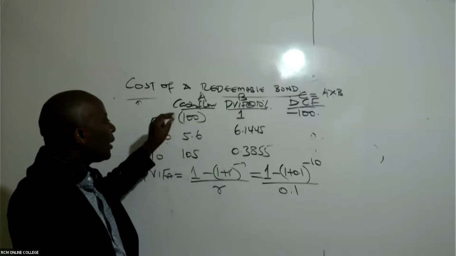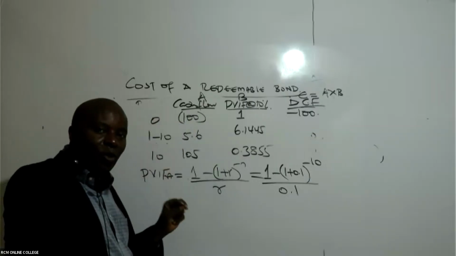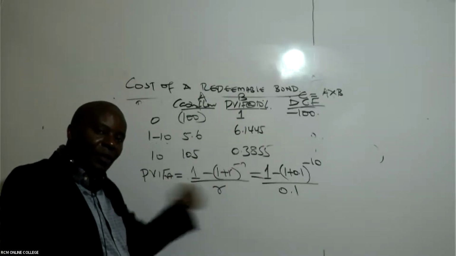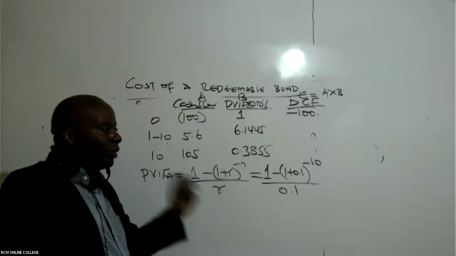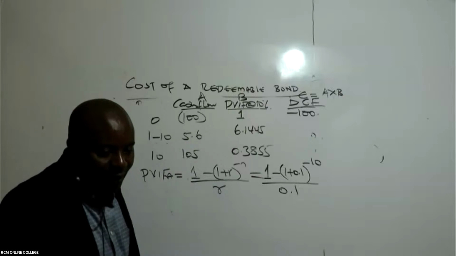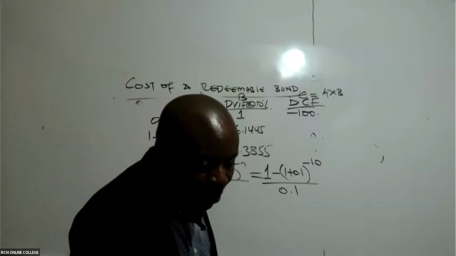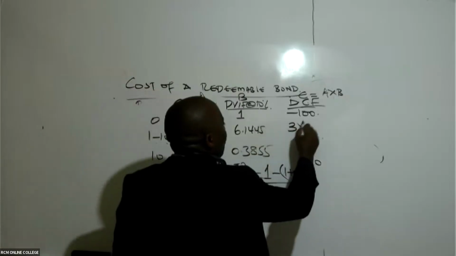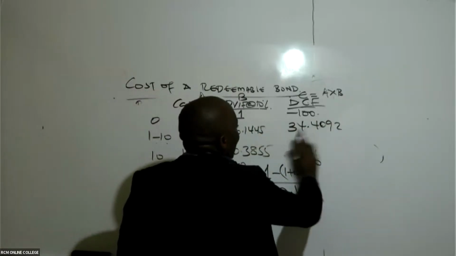Remember, at time 0, I'm buying. So 100 is a cash outflow. I'm buying the bonds myself, giving away my money. And then out of the money I give, I will start enjoying these interests. All right. So I can see from Buona and BR, it is 34.4092. So we have here 34.4092 like that.